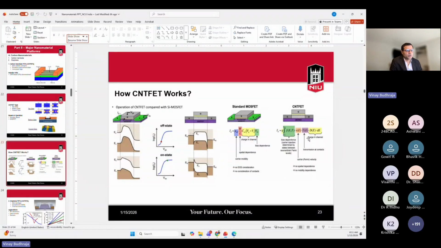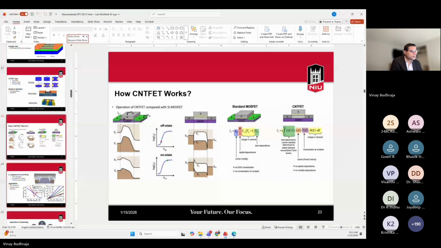So it is dependent on the charge in the channel, transmission and the contact, and the bias dependence, carrier injection between source to drain. So the advantage is it doesn't have any spatial dependence and no mobility dependence.